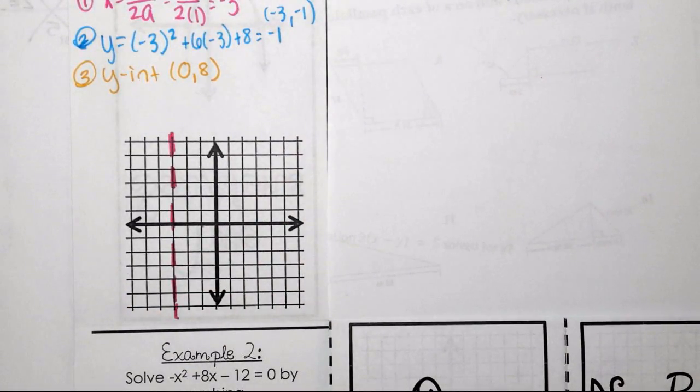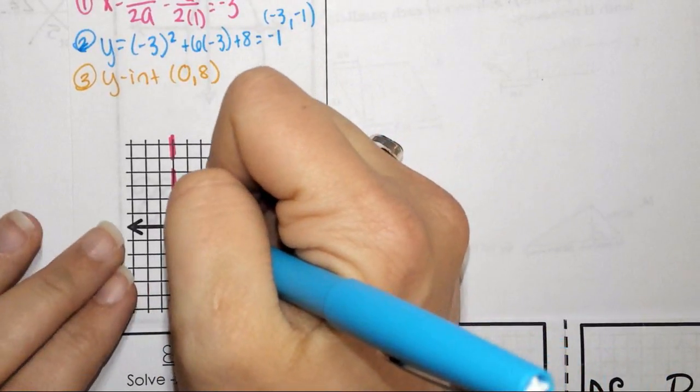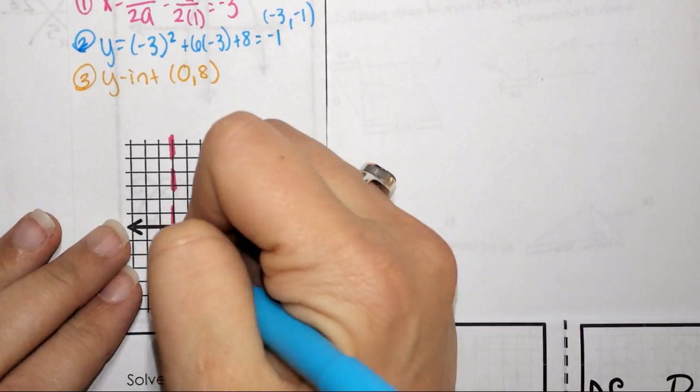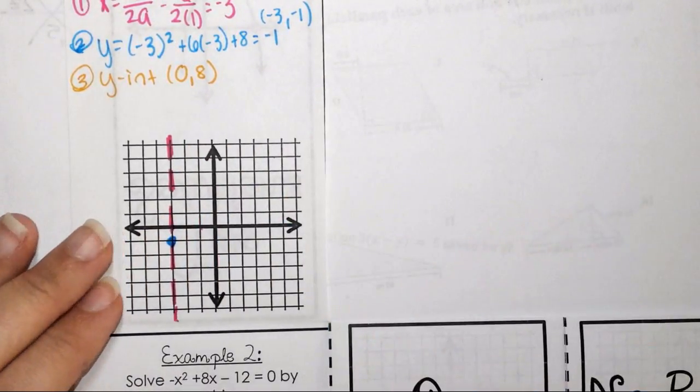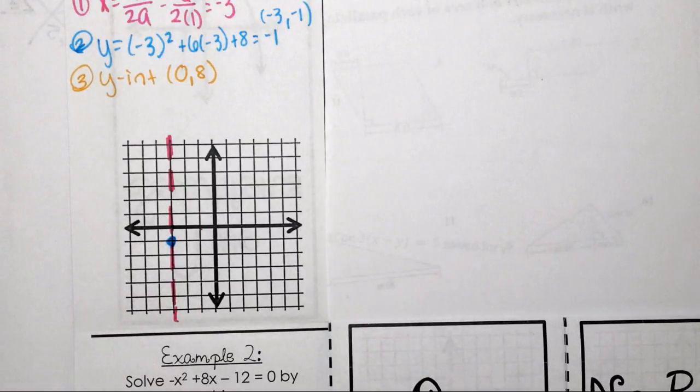And where's our vertex at? Negative 3, negative 1. Now, do we have enough space to graph our y-intercept here? No, we don't have enough to go up 8.